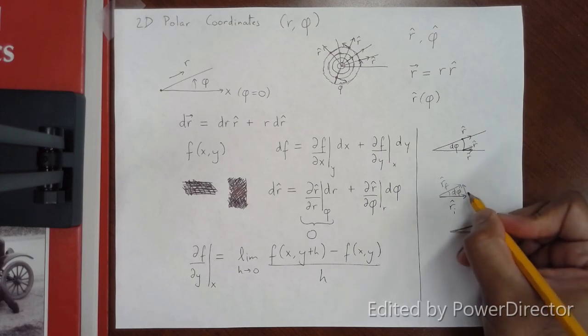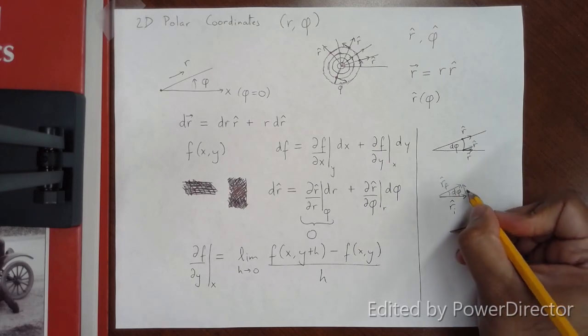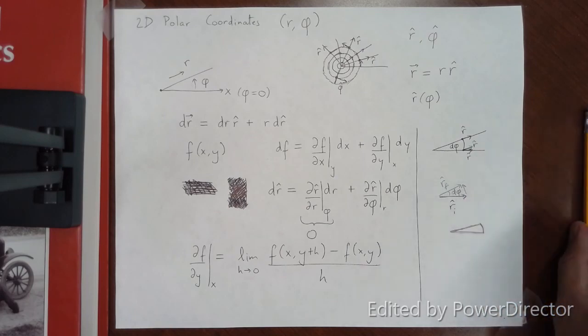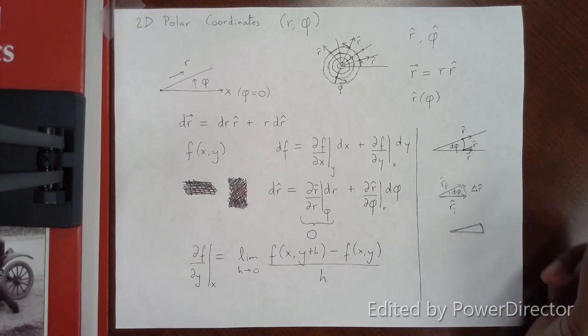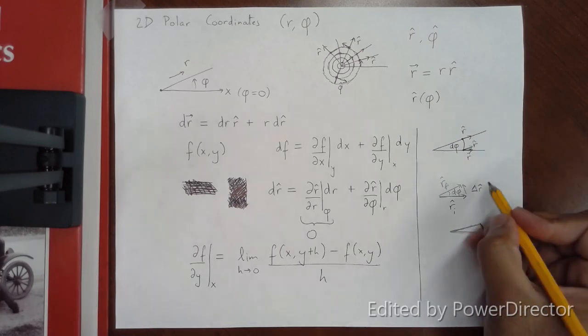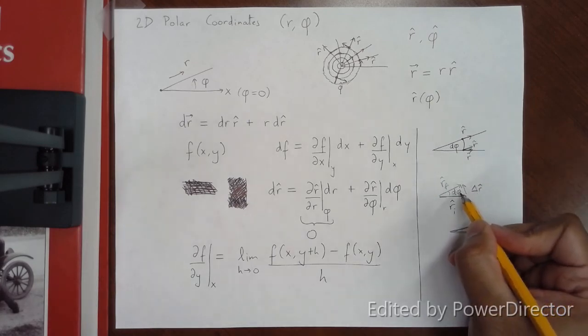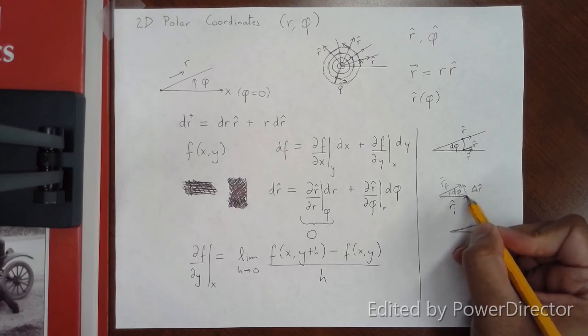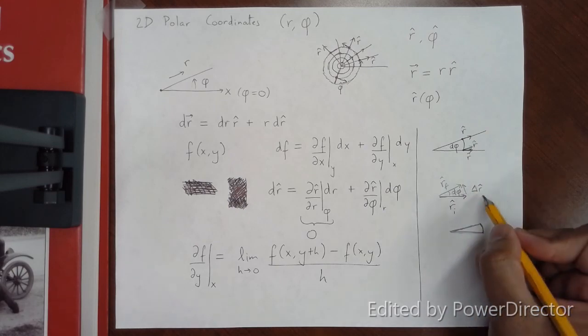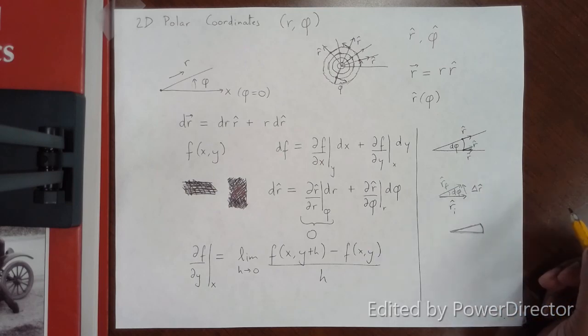We can see from this diagram that the direction of this difference vector over here, let's call that delta r hat, is, in the limit as d phi goes to 0, perpendicular to r hat. And so the direction of delta r hat is going to be in the phi hat direction.